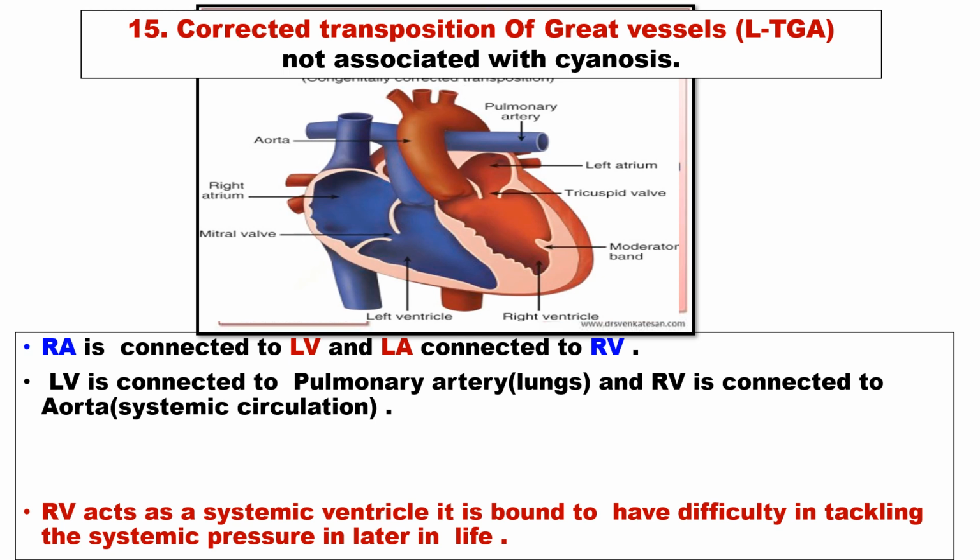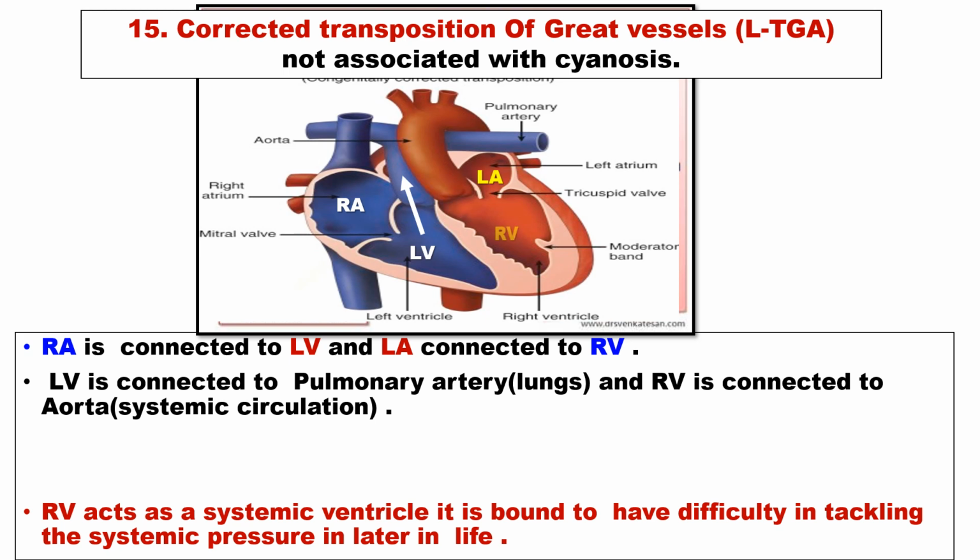Corrected transposition of great vessels, or LTGA, is not associated with cyanosis, and it is mainly due to abnormal ventricular positions. Here the right atrium is connected to the left ventricle and the blood from the left ventricle flows into the pulmonary trunk.